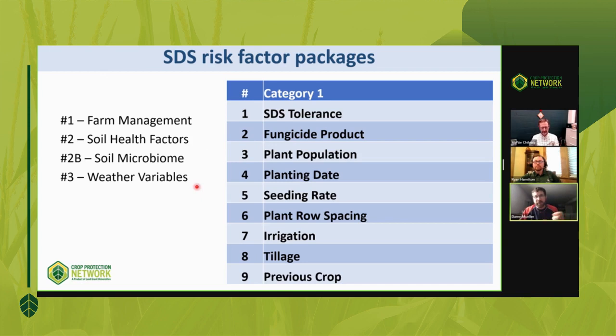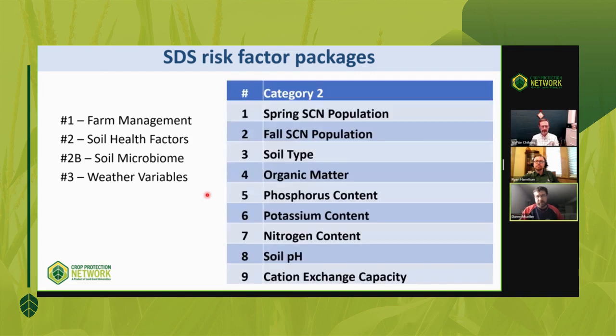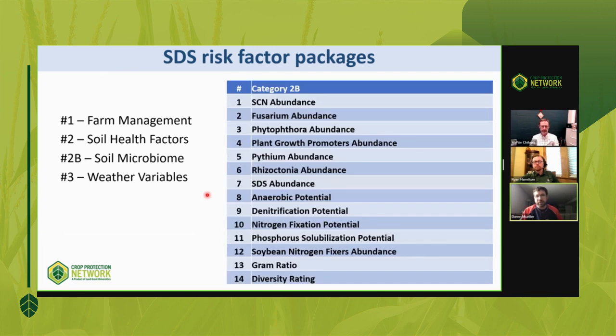Category 1 would be farm management, and these would be all of the things that we collected that fall under farm management. Category 2 would be SCN populations, soil type, organic matter, and some of the different nutrient levels. Category 3 is going to be the Pattern Ag.